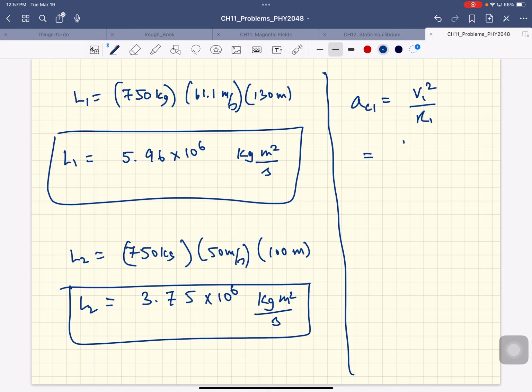Okay. So 61.1 meters per second. And of course, we want to write it in terms of g's, so 2.93 g's.